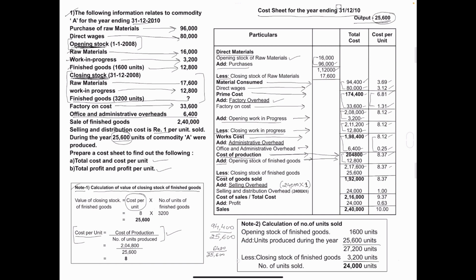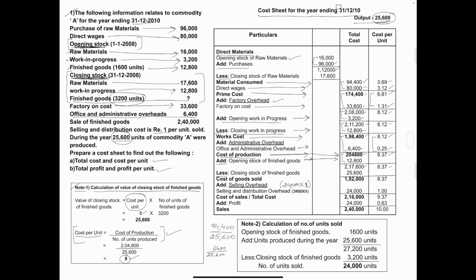2,04,800 divided by 25,600. You will get 8. So the cost per unit amount is 8. Now take this 8 amount here, right here under this cost per unit 8 into number of units of finished goods. So the closing stock of finished goods quantity is 3,200.